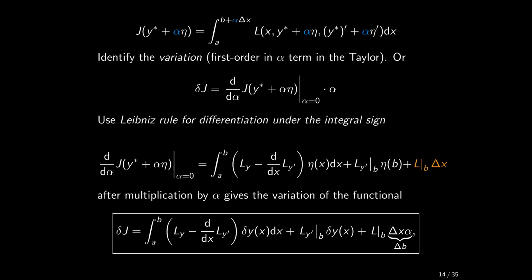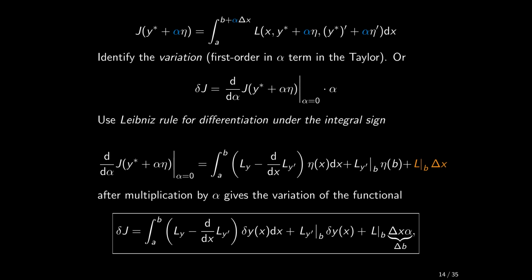Invoking the now already notoriously known fundamental theorem of calculus of variations, the first term, the integral, must vanish on its own in order for the whole variation to be 0. The reason is that the variation delta y of x is arbitrary. But then the other term under the integral sign must be identically equal to 0.